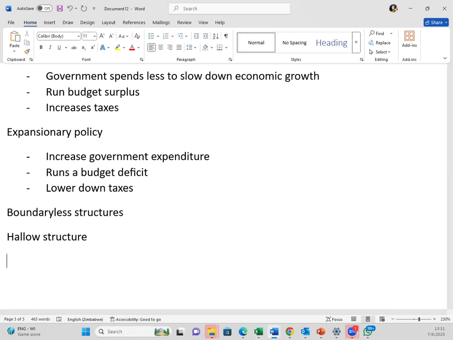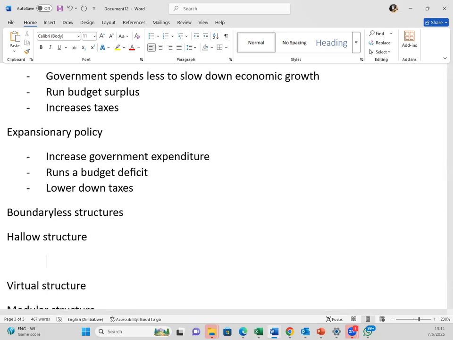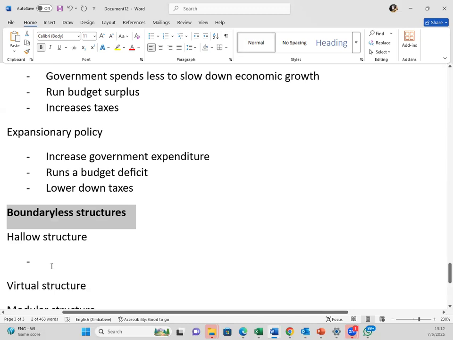We have the virtual structure. And we have the modular structure. So if the organization is operating using the hollow structure, it means the organization has broken down its operations into 2. So they have operations that are the main or the core activities of the business. So the organization breaks down its operations into core and non-core activities.